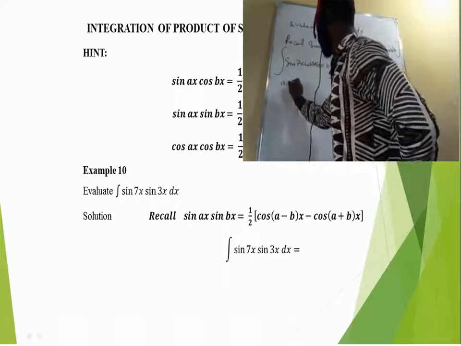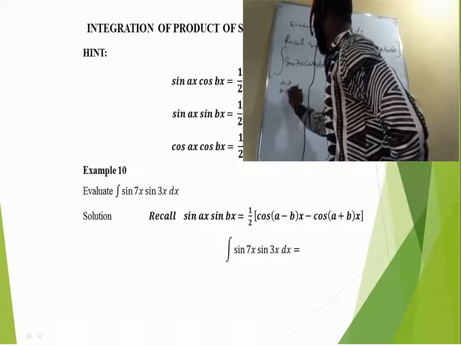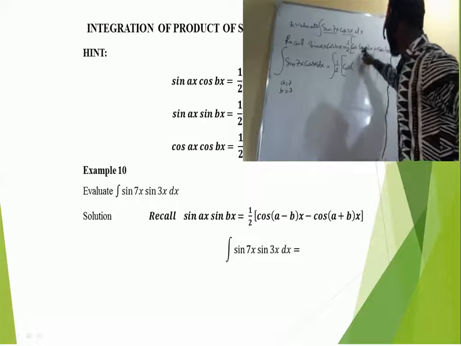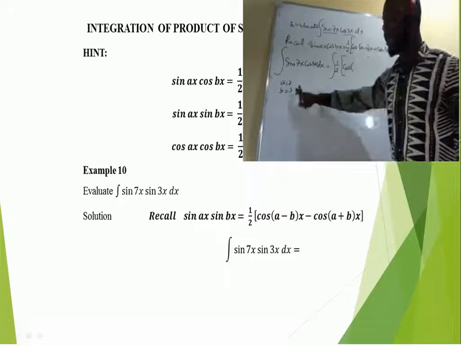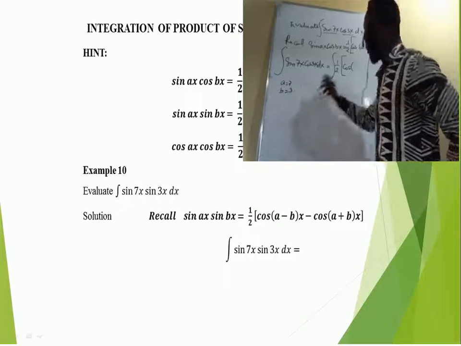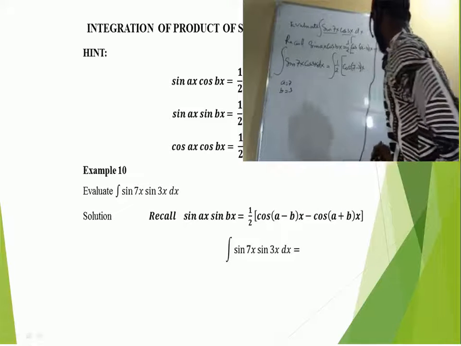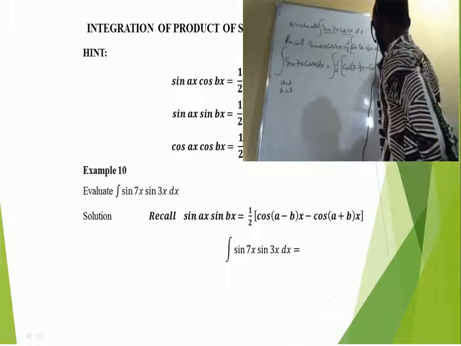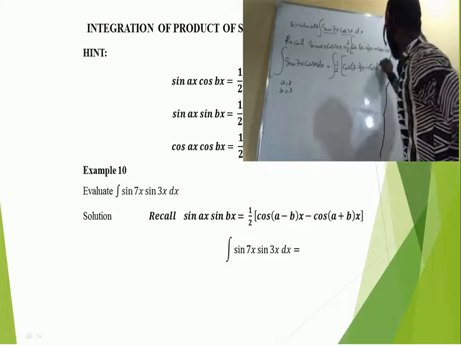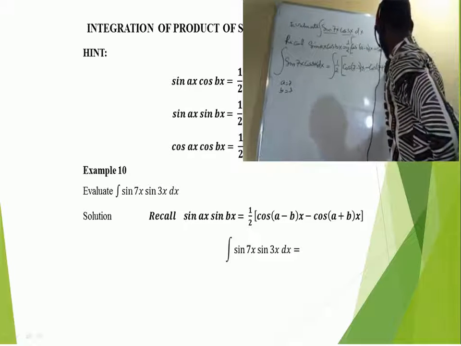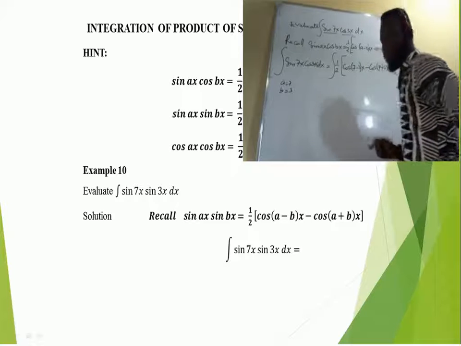Our A is equal to 7 and our B is equal to 3. So instead of writing A minus B, we write 7 minus 3, so it's going to be cos (7 minus 3) x, then minus cos (7 plus 3) x. Then we close the brackets.